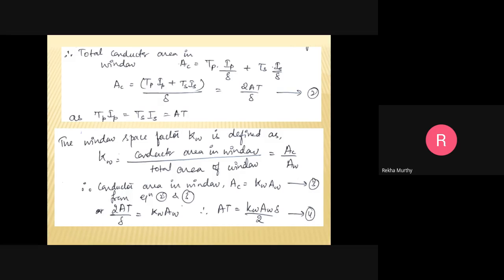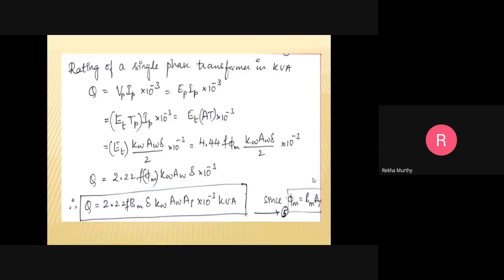So this is how you can find the ampere turns in the output equation.